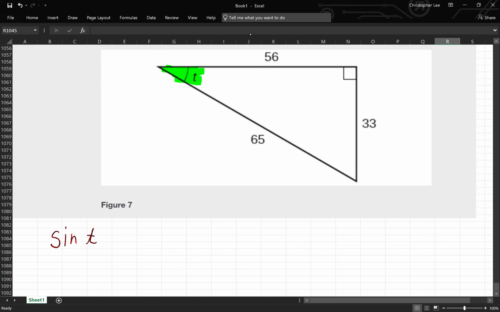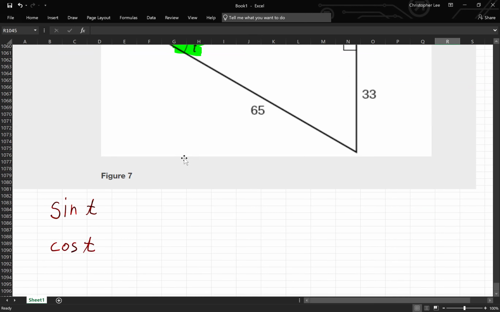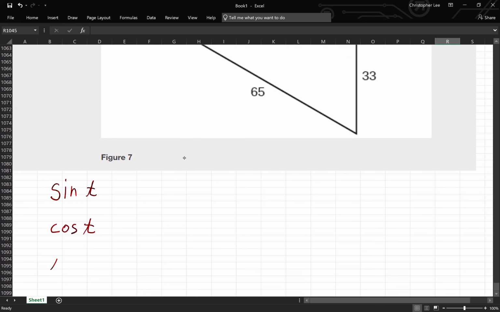I want sine T, cosine T. Sorry. I want tan T. And then I want cosecant T. I want secant T. And then I want cotan T.